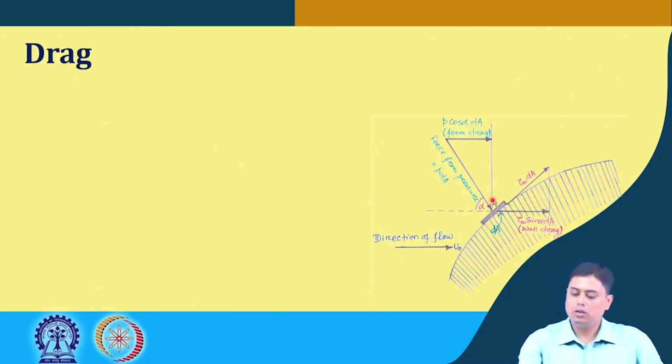So naturally the force due to pressure has two components, and one of the components forms a drag component, and the wall shear will also have its component in the direction of flow. The summation of these two components and the integral over the whole surface gives us the total drag force.